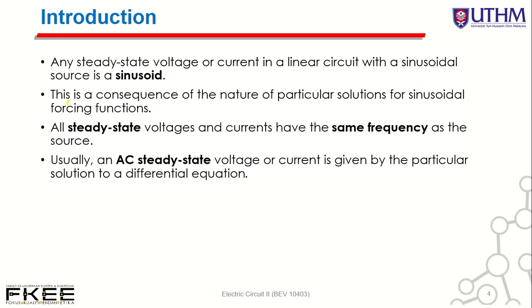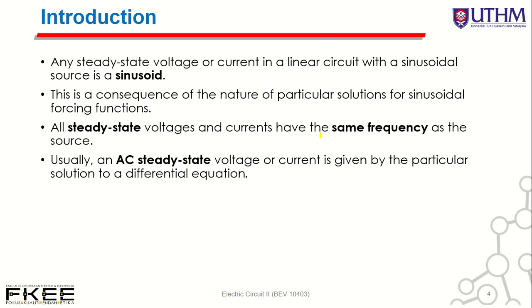Okay, this is a consequence of the nature of particular solution for sinusoidal forcing functions. All steady state voltages and currents have the same frequency. Okay, in this case, in the steady state condition, voltage and currents must have a same frequency as the source.